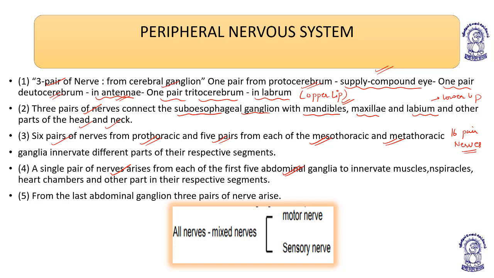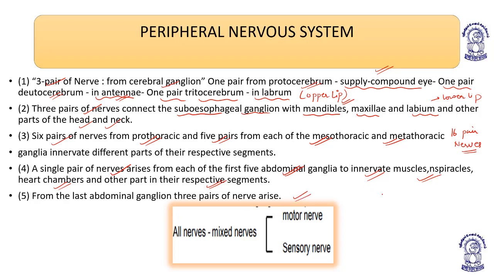This nerve innervates the muscles, spiracles, heart chambers, and other parts of the respective segments. From the last abdominal ganglion, three pairs of nerves arise.